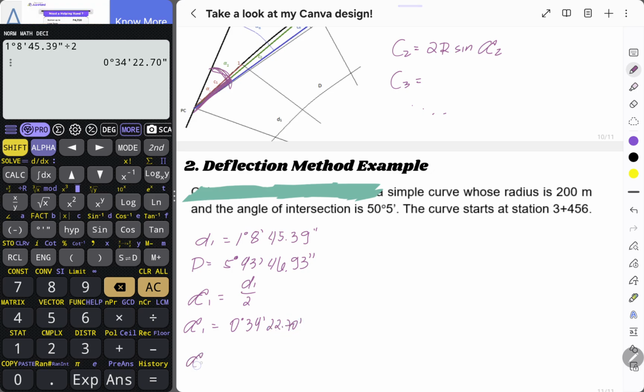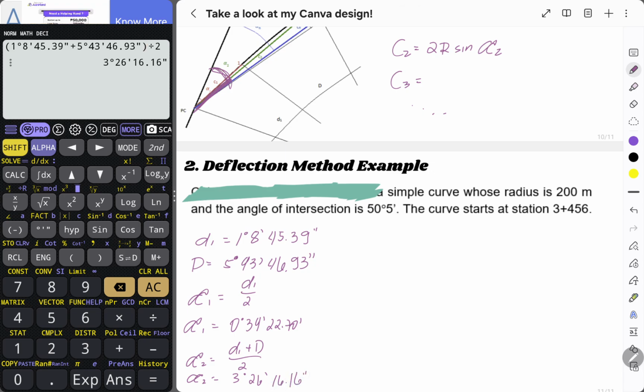So, alpha 2, D1 plus big D all over 2. So, alpha 2, 1,845.39 plus 543.46.93. So, giging 326.16.16. So, continue nyo lang.